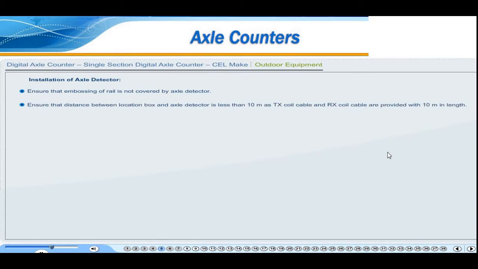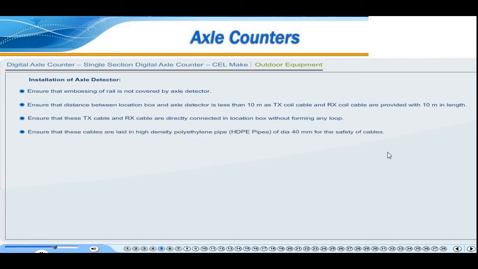Ensure that the distance between the location box and axle detector is less than 10 meters, as the TX coil cable and RX coil cable are provided with 10 meters in length. Ensure that these TX and RX cables are directly connected in the location box without forming any loop.